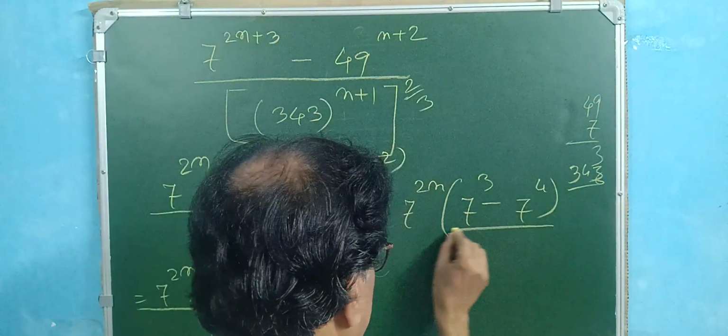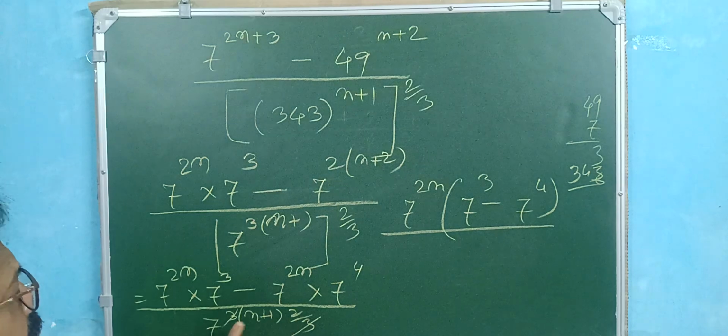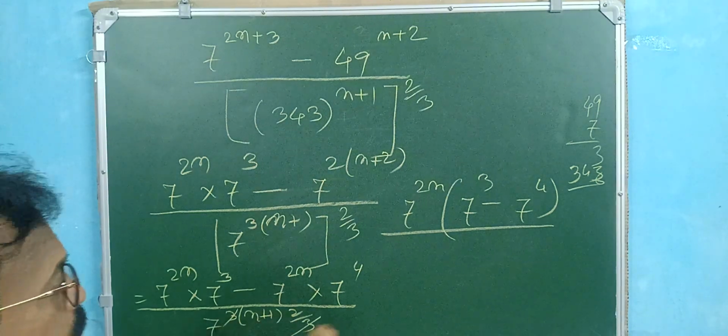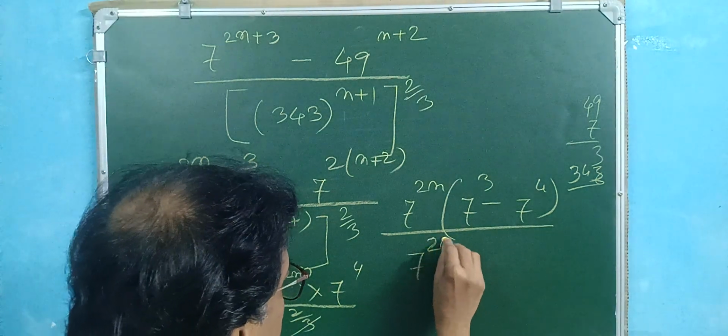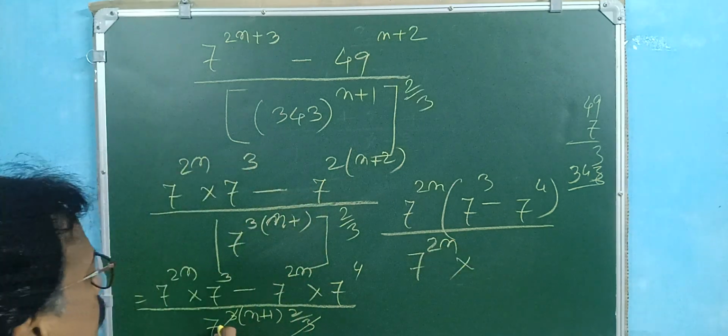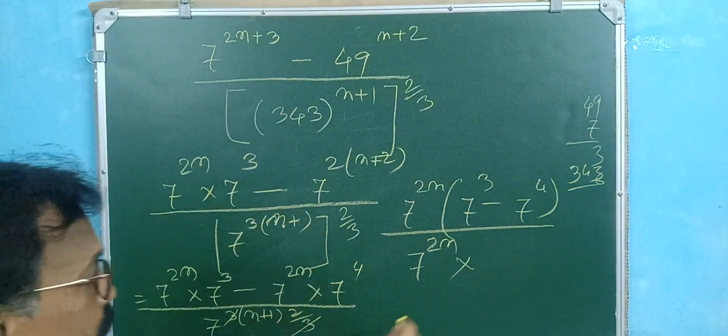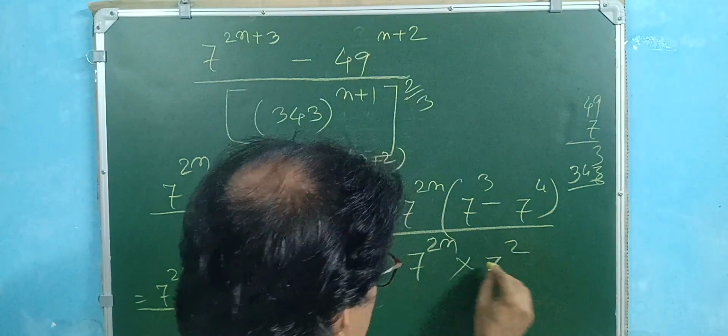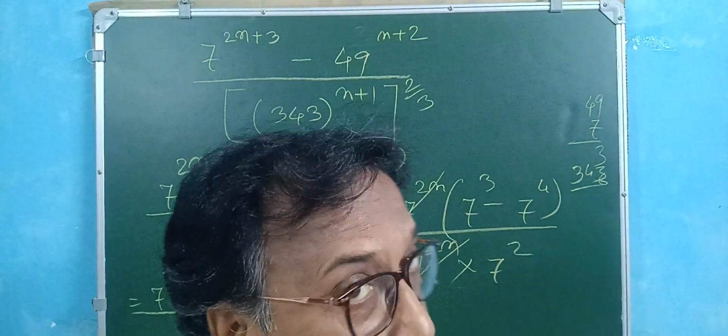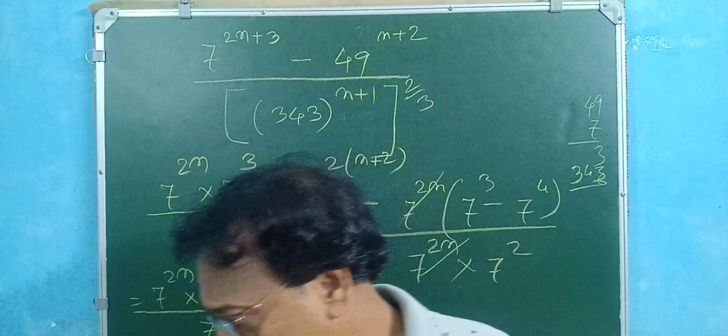And now this is cut. So now this 2 into n, 7 to the power 2n into 7 square. Now this part or this part also cut. Okay, where the n part is out.